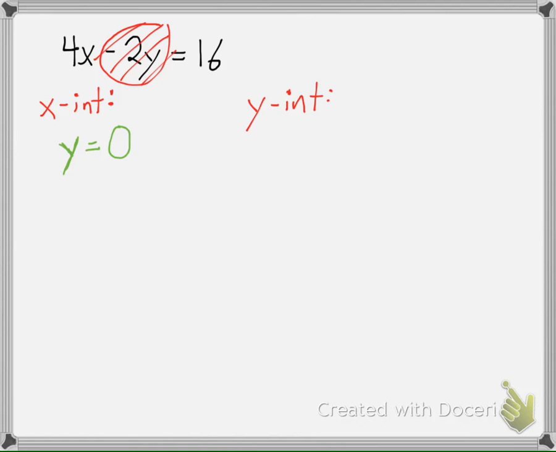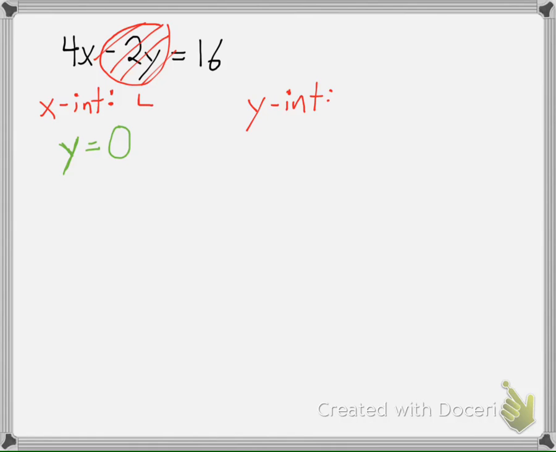So if you have an equation in standard form and want to find the x-intercept, you basically just ignore the y term. So I have 4x equals 16, and if 4x equals 16, then I divide by 4 on both sides, and I get x equals 4.